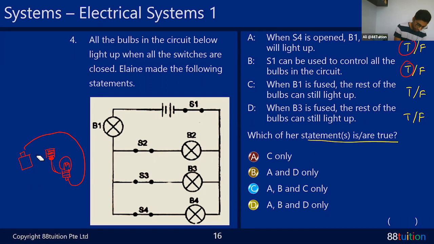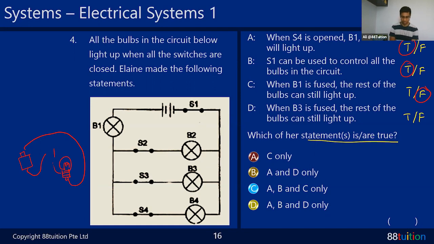Of course, I'm drawing like that. So it doesn't matter if it fuses, it can still flow through the metal contacts. Can or cannot? Is false, right? Because it cannot have this part here, the fuse already. So there's no way you can light up. So it's actually a block. So it's false.